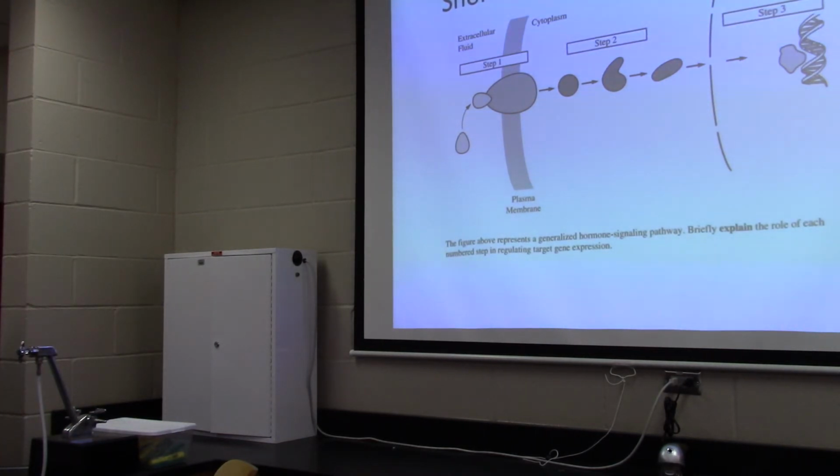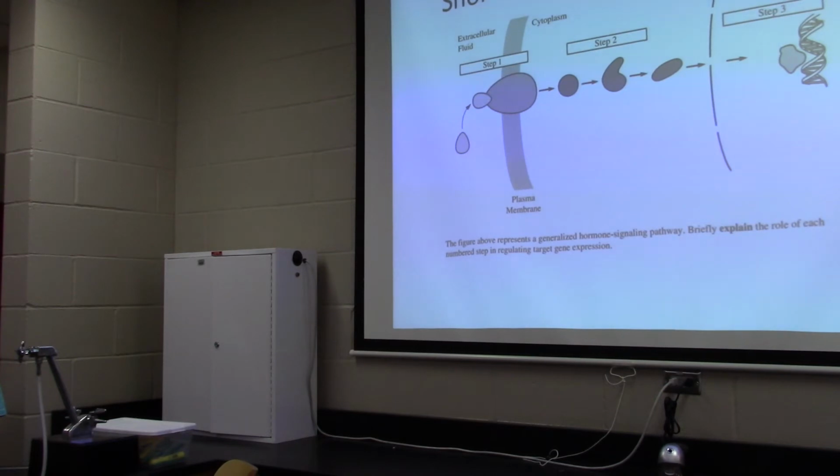But it says explain. So you should say for step 1, the ligand binds to the receptor. The receptor does what? Changes shape and moves the message from outside to inside. Step 2, you could talk about there's this chain of proteins that phosphorylate each other. The signal gets what during step 2? It's amplified and spread throughout the cell.